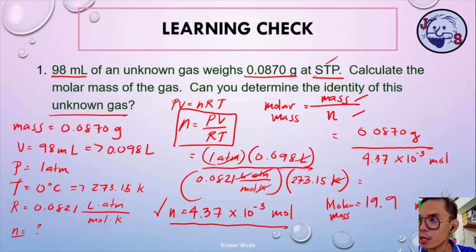This is grams per mole, not just 19.9, so that is not the full answer.